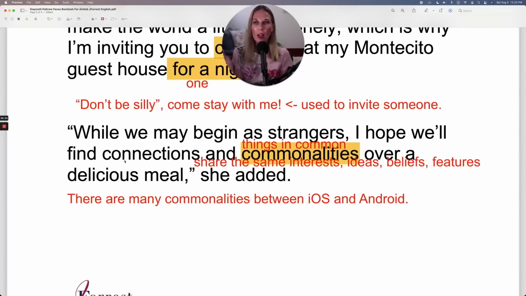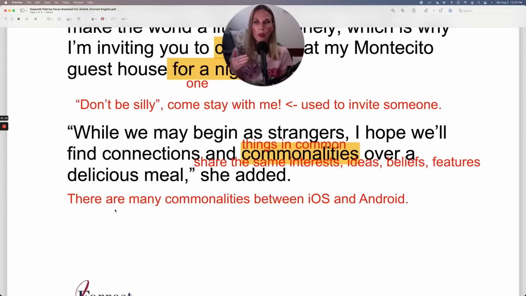I hope we'll find connections and things in common. So things in common, commonalities, this is when 2 people or 2 things share the same interests, ideas, beliefs, or features. Now notice I said 2 people or 2 things, because if it's things, then they could share the same features.